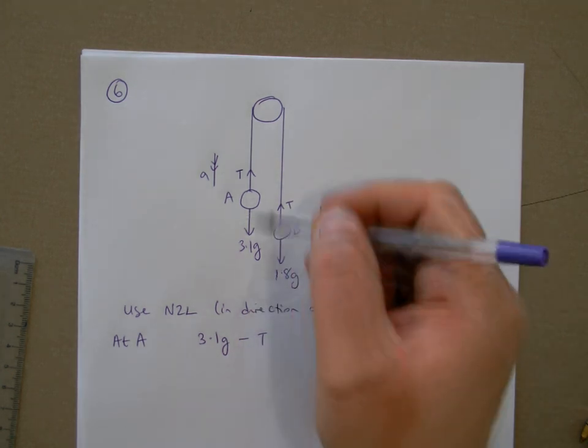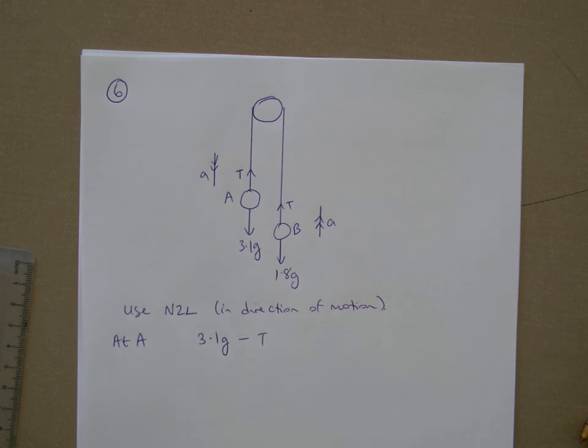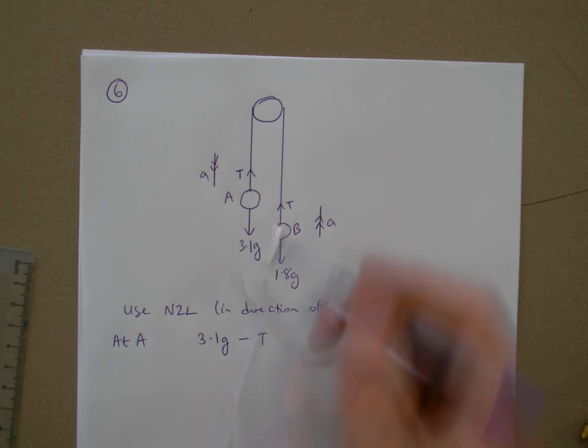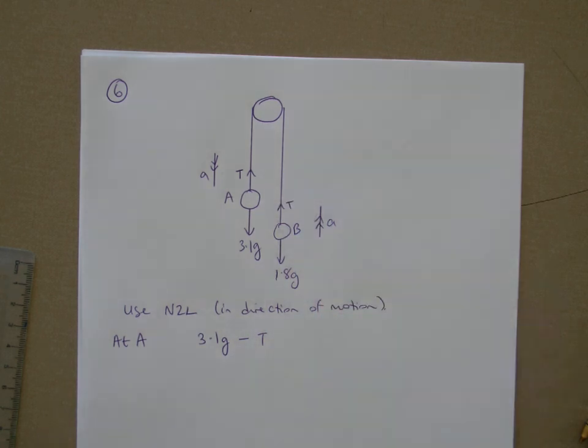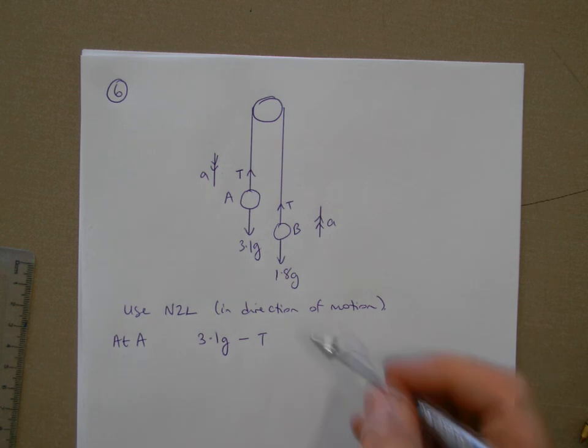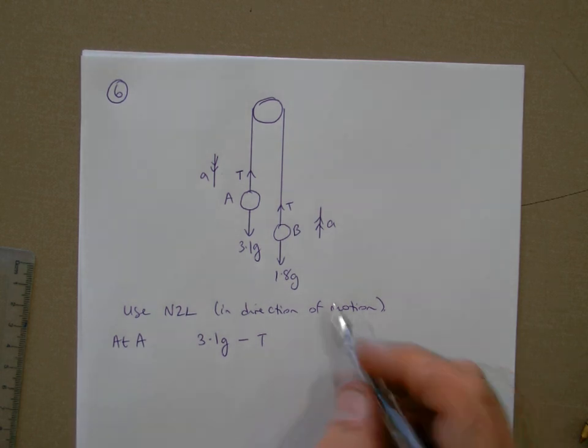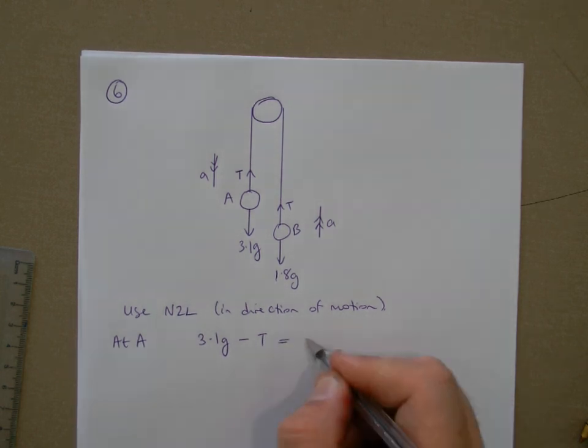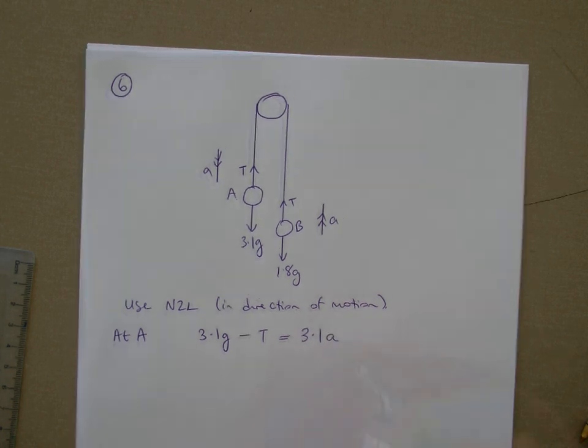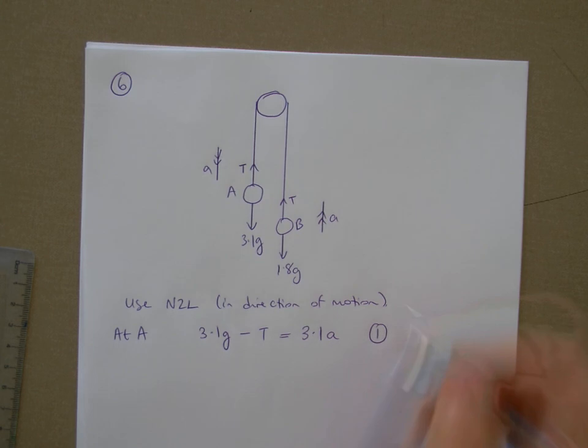You've got the weight taking it down, but the tension in the string resisting it from falling, pulling it back. It's still falling, you're just not falling under gravity, so to speak. So you've got the resistance of tension in the string. That will equal mass times acceleration, and the mass is 3.1 and the acceleration is a, so that's equation 1.